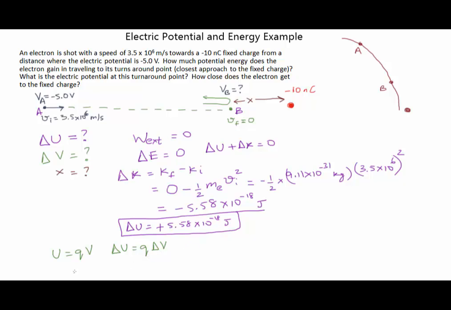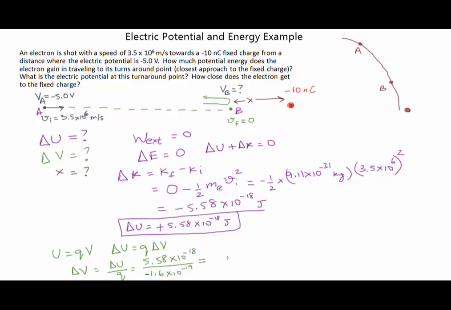So delta V would simply be delta U divided by Q, which is 5.58 times 10 to the negative 18 in SI units. I divide that by the charge of the electron, because that's the particle that's moving. So that's 1.6 times 10 to the negative 19 coulomb with a negative sign in the front because it's an electron.